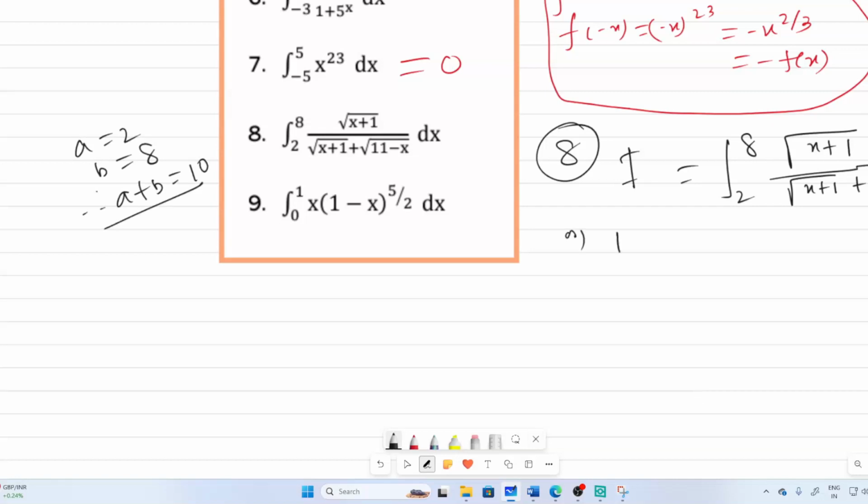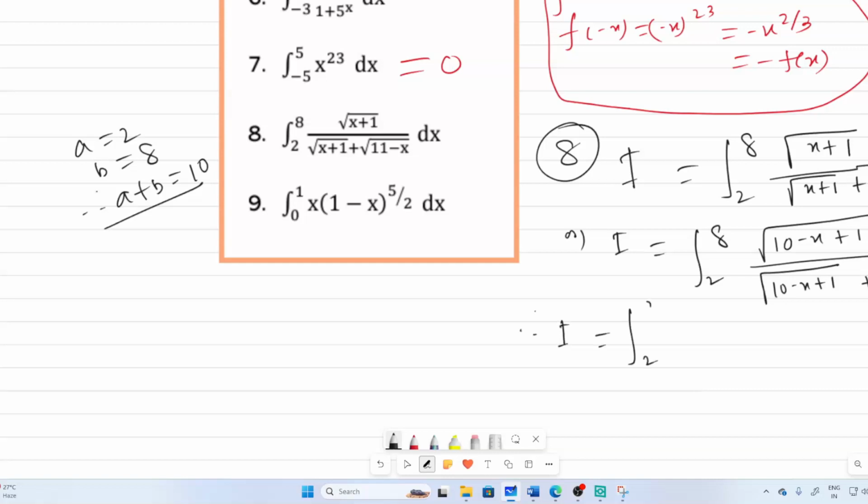So you write I equal to 2 to 8, with x replaced by 10 minus x. Here also x you are replacing by 10 minus x plus 1. Alright. So I is going to be 2 to 8 square root of (11 minus x) by square root of (11 minus x) plus square root of (1 plus x).